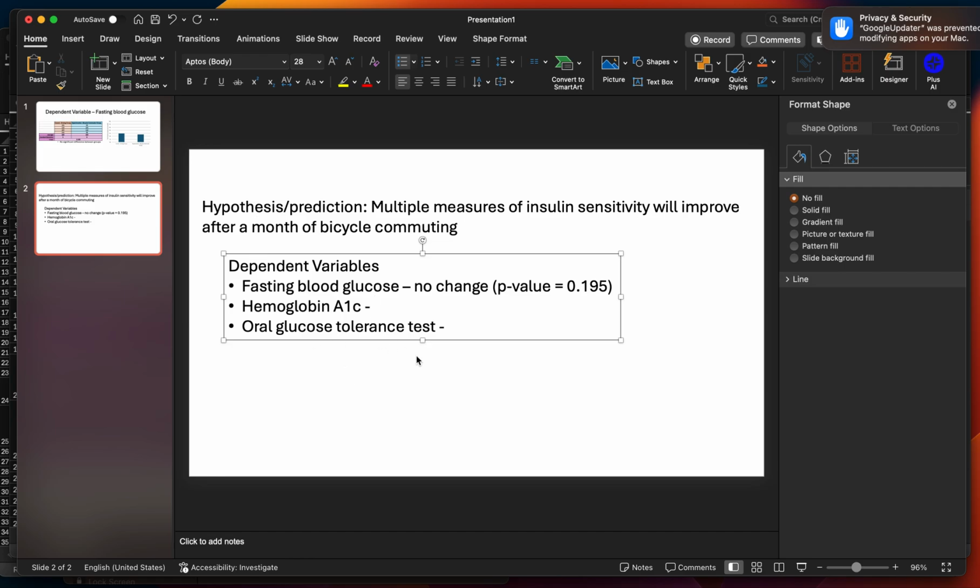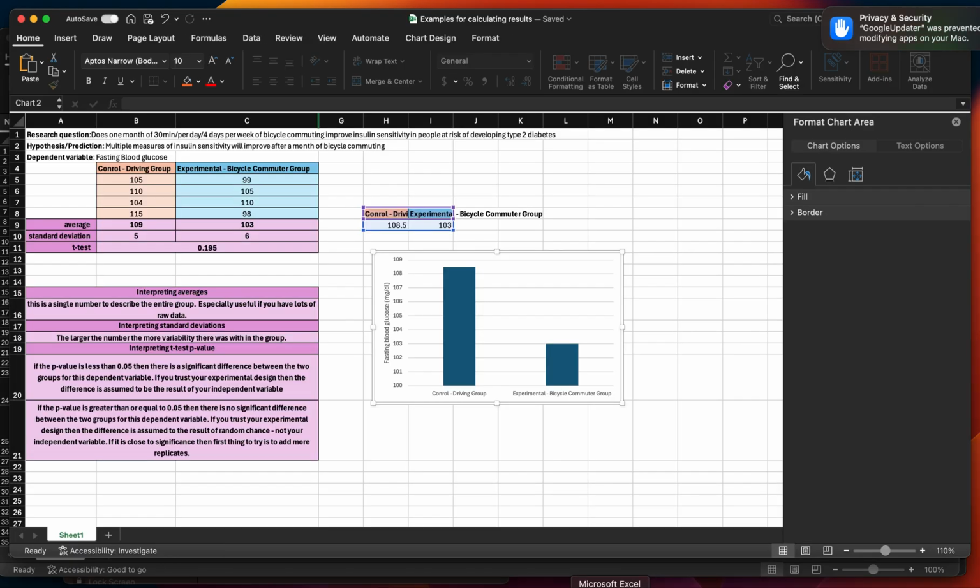And maybe my oral glucose tolerance test also changed. So I end up with no change on fasting blood glucose, but hemoglobin A1C changed and oral glucose tolerance test changed. That doesn't mean your hypothesis or prediction or your whole idea is wrong. It could mean that your independent variable doesn't affect fasting blood glucose levels, but it does affect the oral glucose tolerance test. That's fine. It doesn't have to affect all measures of, in this case, glucose tolerance, insulin sensitivity.